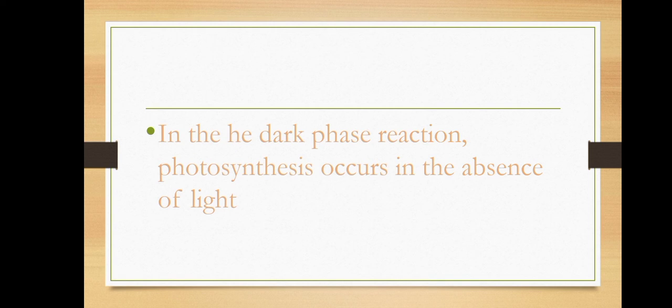Here, each step is controlled by a specific enzyme. The energy needed for the formation of sugars is provided by ATP from the light phase reaction. Remember, the dark phase reaction is a continuation of the process.